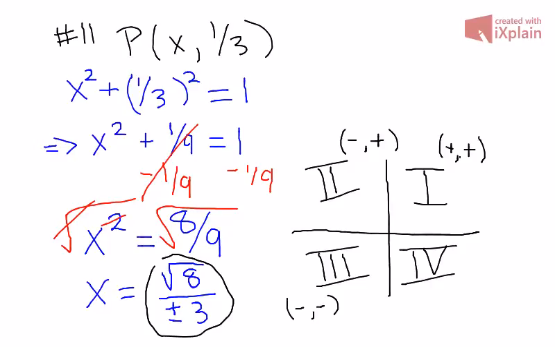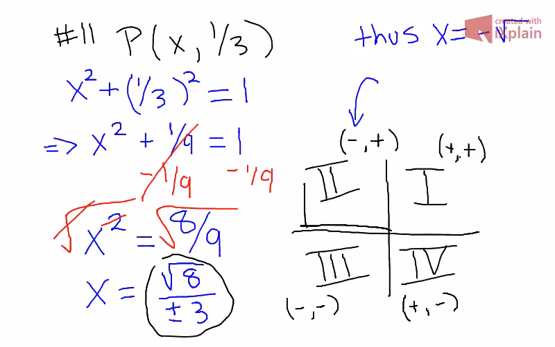So since it tells us that we're in quadrant 2, our x has to be negative, so we're going to use the negative version rather than the positive. Therefore, x equals negative square root of 8 over 3. Cool.